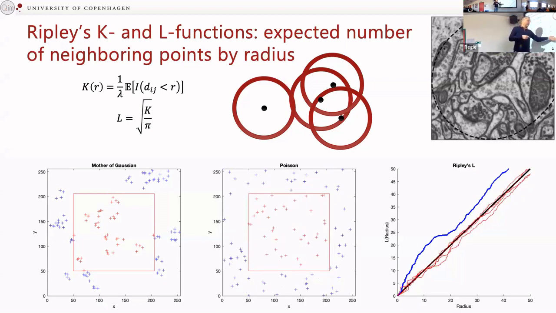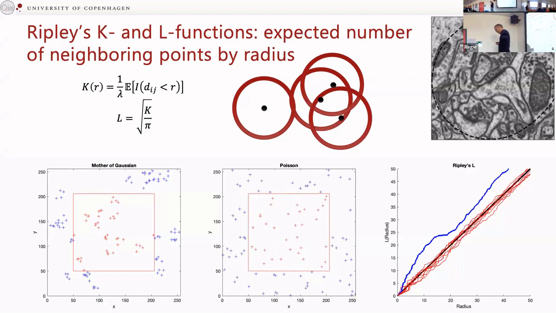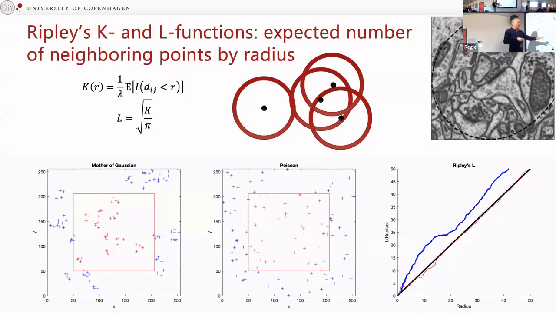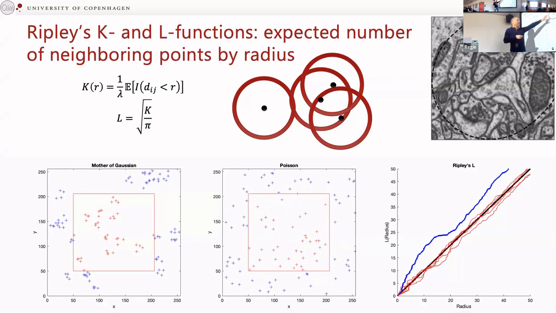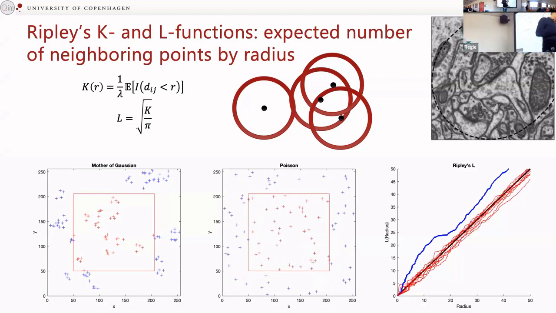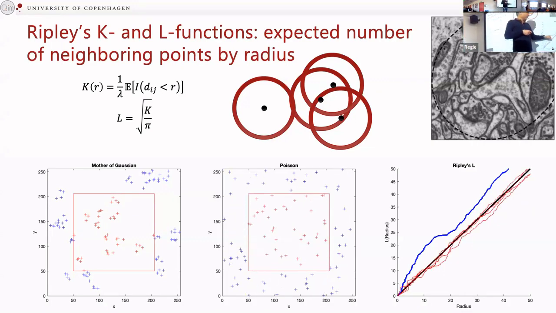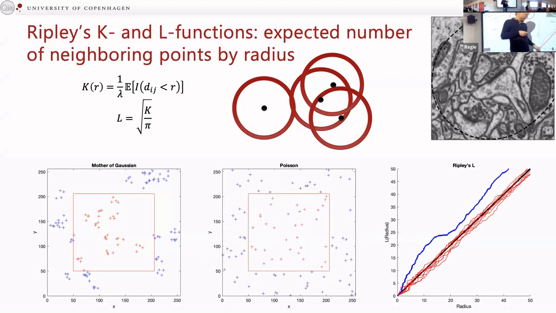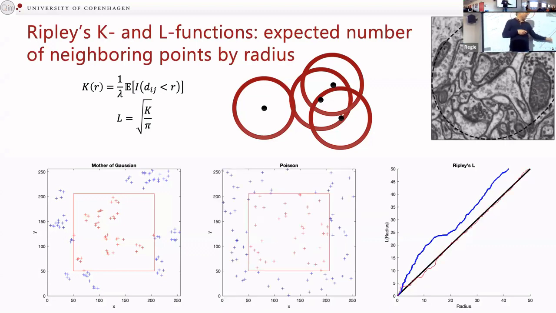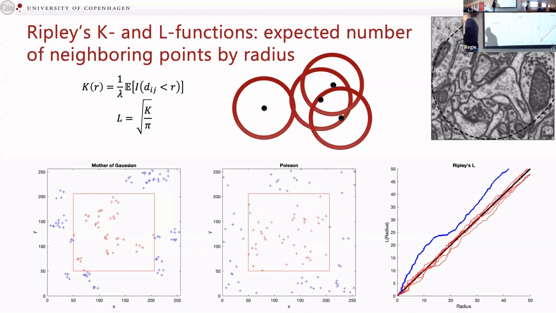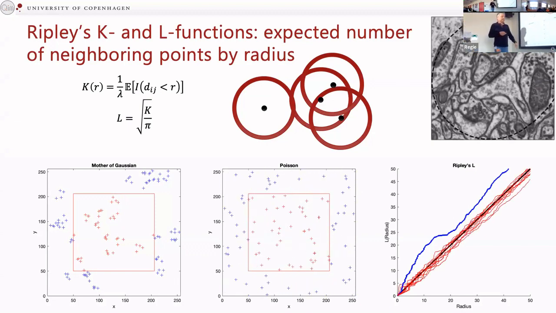I draw from it 10 times, and each time I measure my K function. What you see here is my yard, where the apples fell on my lawn, and this is the null hypothesis. You can clearly see these curves are very different.